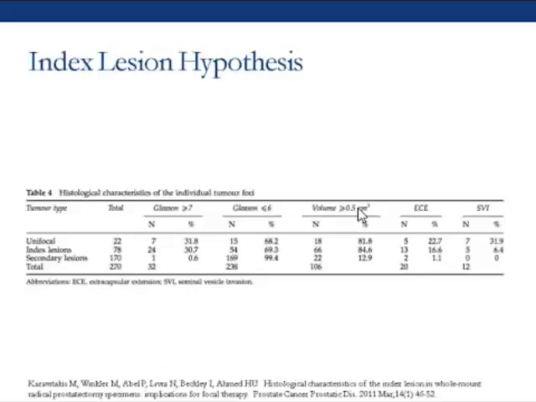When looking at disease pathology, this is from Dr. Ahmed, and they looked at 100 patients who underwent radical prostatectomy and then looked at the whole gland histopathology. As we see, unifocal disease was only seen in about 22% of the patients. So again, the minority of patients have unifocal disease. And then when looking at the index lesion, defined as the focus of cancer with the highest Gleason score, or the largest lesion if the Gleason score was Gleason 6, they found that volume and overall stage were predominantly predicted by the index lesion.